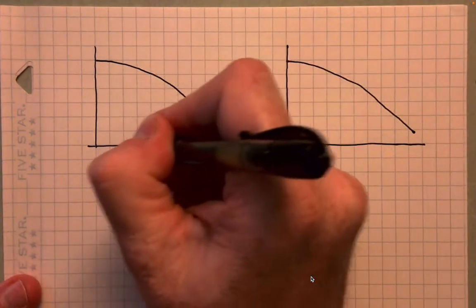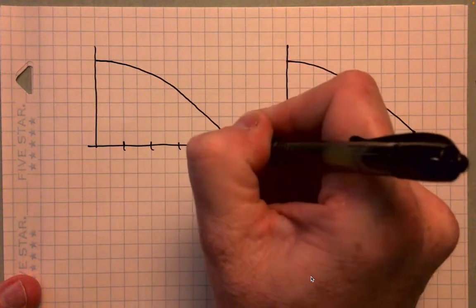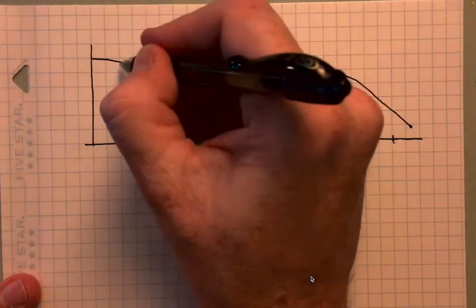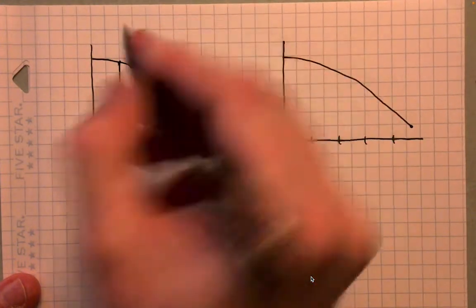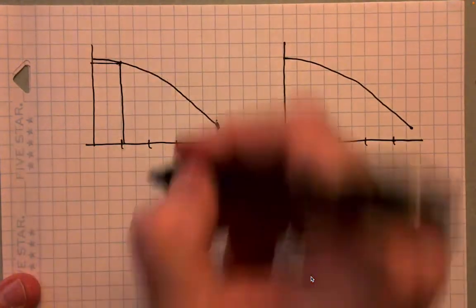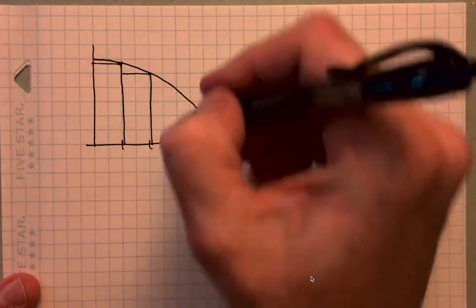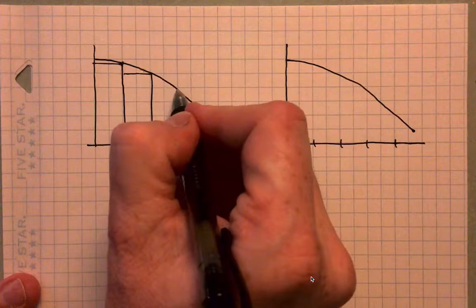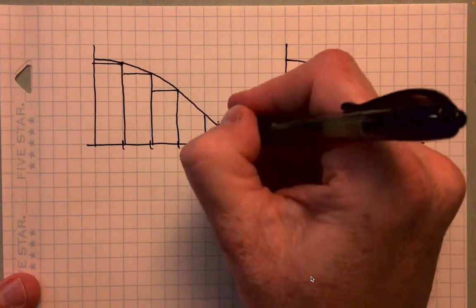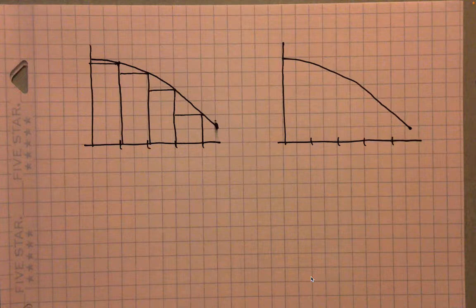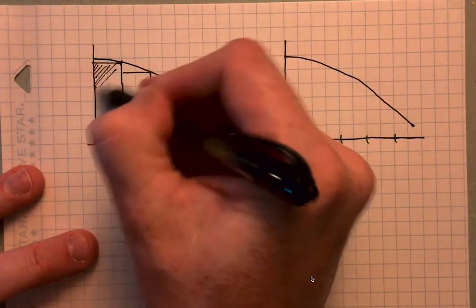So let's say we have 2, 4, 6, 8, 2, 4, 6, 8. Over here, this is how I drew it in the previous example. The right-hand side of the rectangle comes up and touches the curve, and when you do it this way, your area is a little too small, isn't it? The area is a little too small this way.